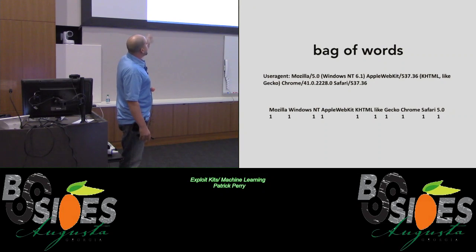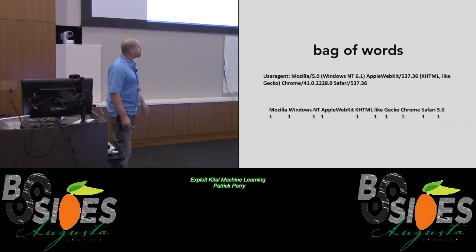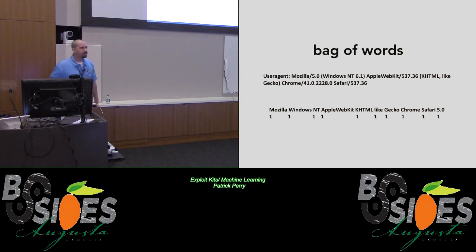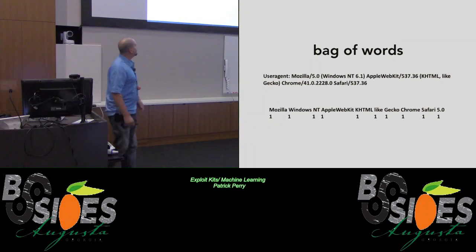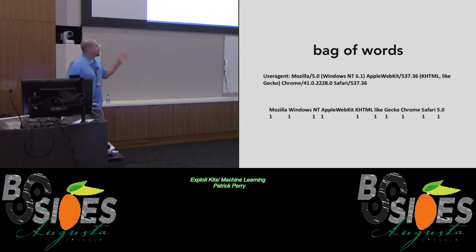But I could say, okay, I'm going to assign a numerical 1 or a 0 for every token in the string. There might be things that are contraindicators, like if it's Apple or something that you don't want in there, that you know is legit, then you might just assign that as 0 in the training data.